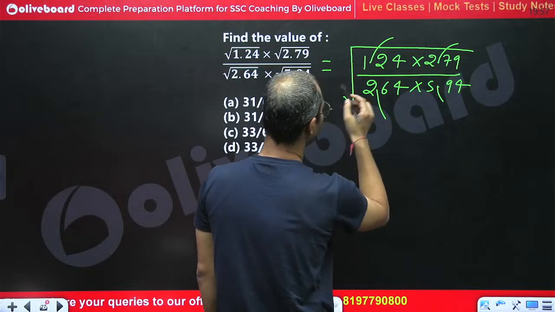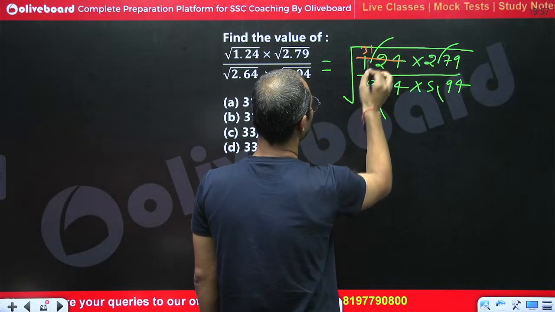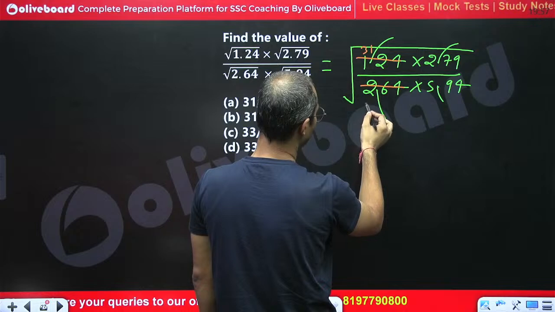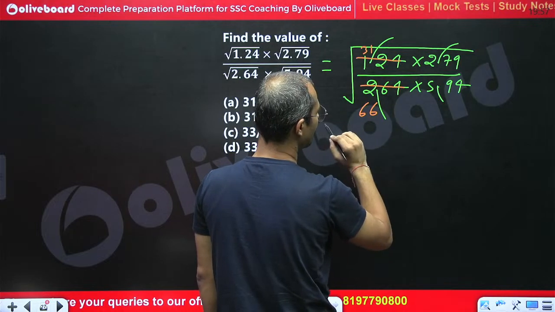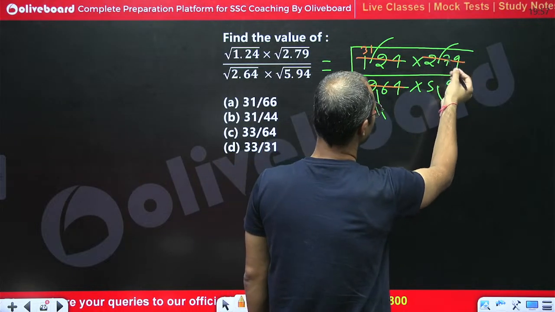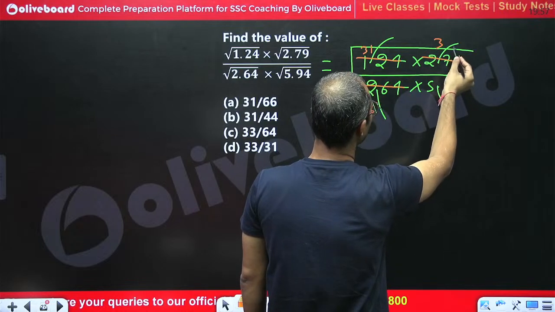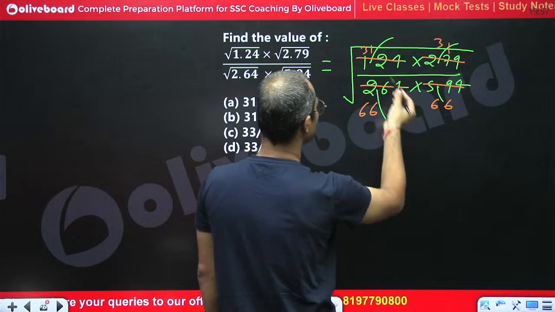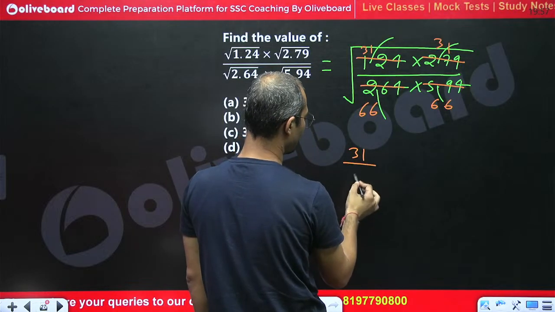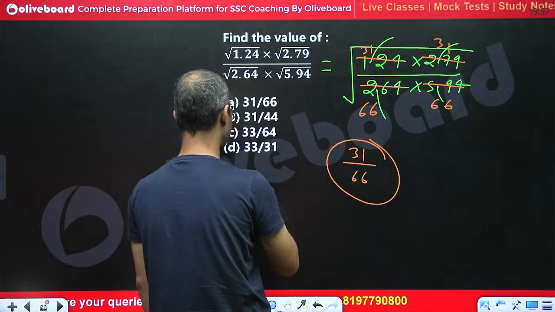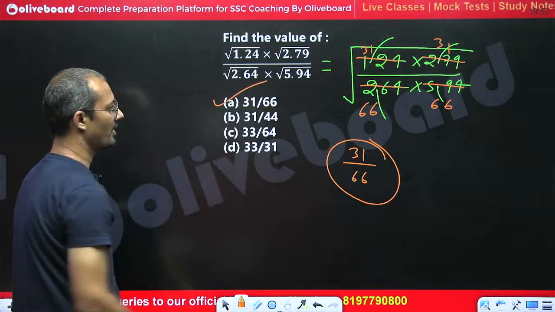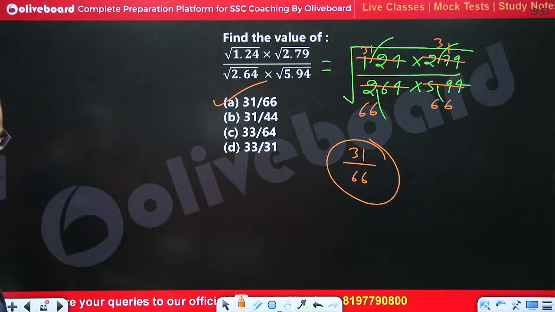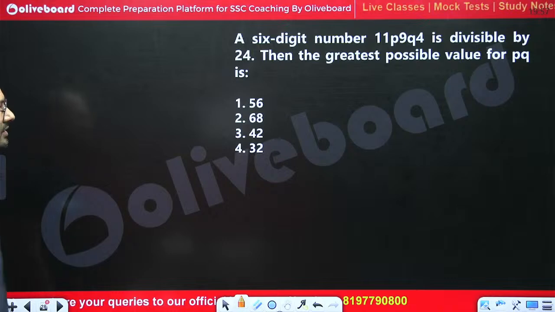By 4: 4 3s are 12, 4 1s are 4, 4 6s are 24. By 9: 9 3s are 27, and 9 1s are 9, and 9 6s are 54. So we will get 31 and 66. 31 over 66 is the right answer. A part would be the right answer. Yes, A part would be the right answer.